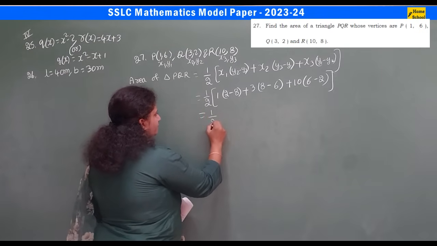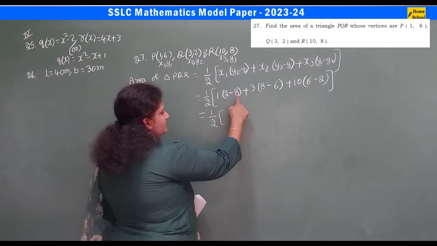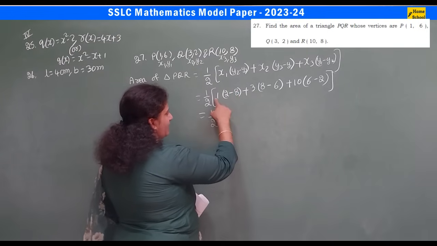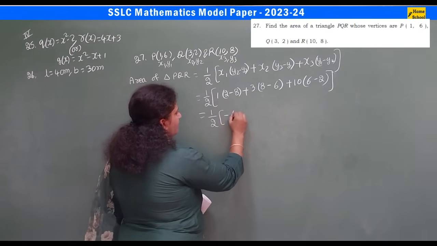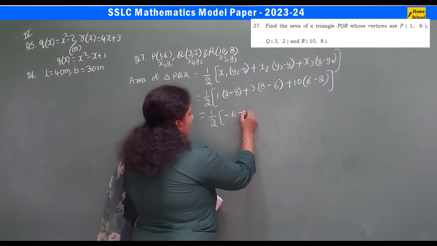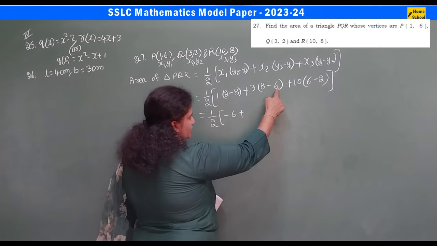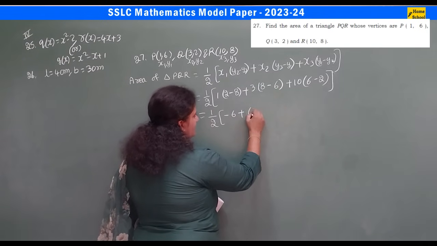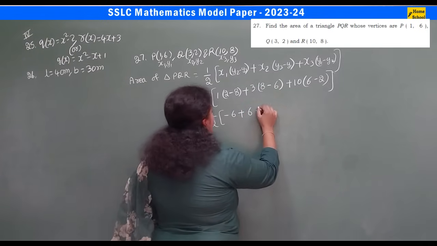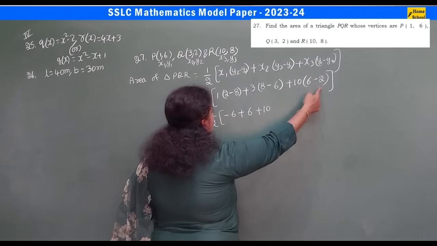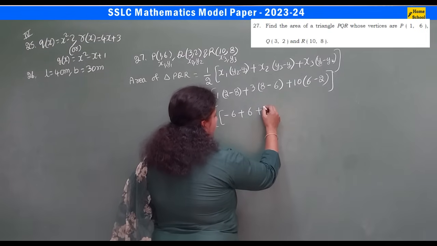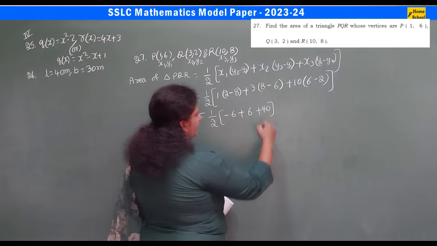Half of 2 minus 8 is minus 6. Minus 6 into 1 is minus 6, plus 3 into (8 minus 6, which is 2), 2 threes are 6, plus 10 into (6 minus 2, which is 4), 4 tens are 40.